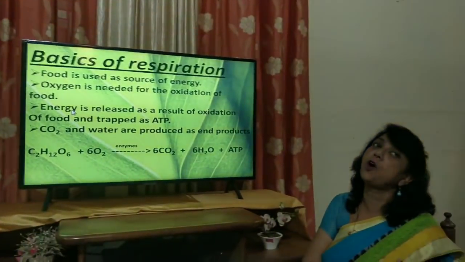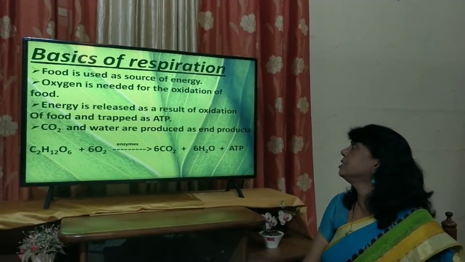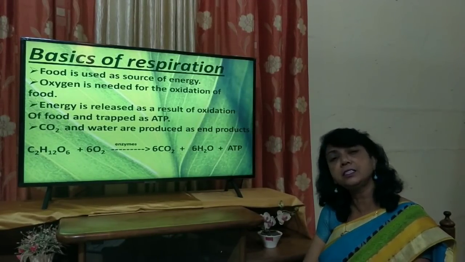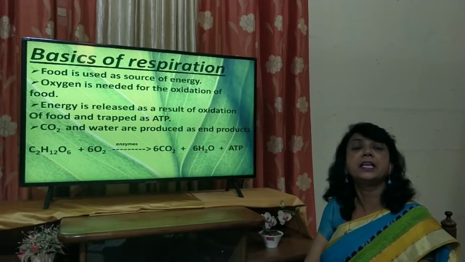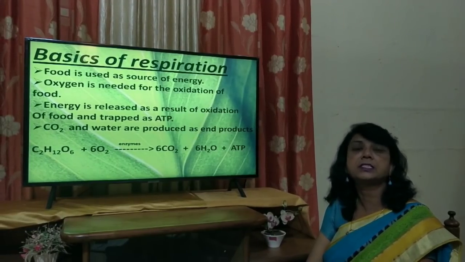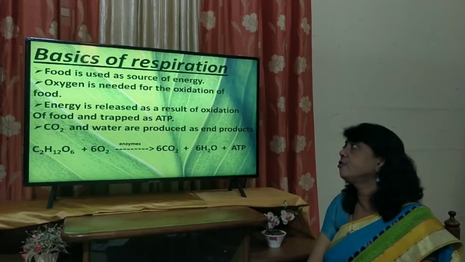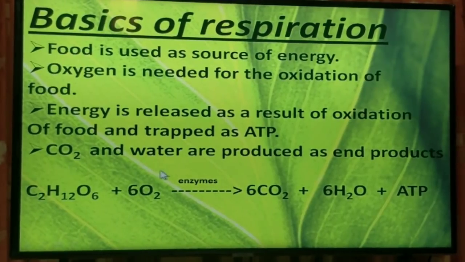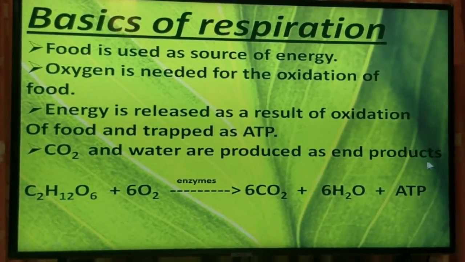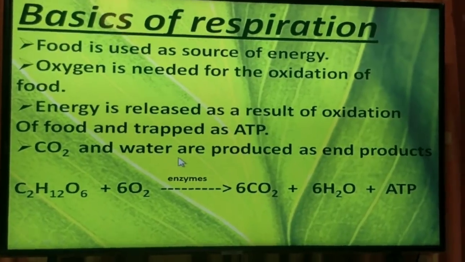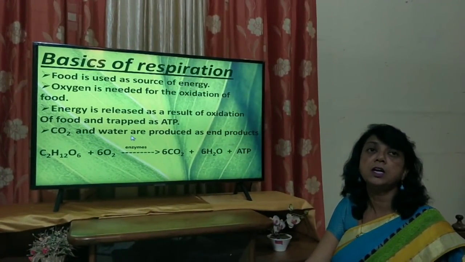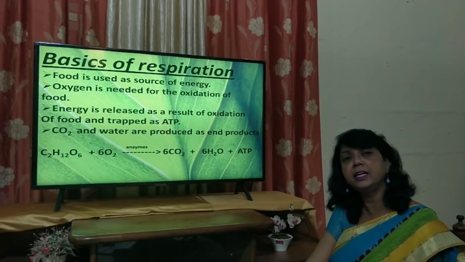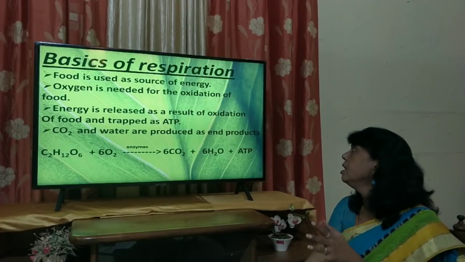Now, when food is oxidized, it liberates energy, and this energy is trapped in the ATP molecule, which is adenosine triphosphate. Next, carbon dioxide and water are produced as end products. As a result of oxidation of food, energy is liberated, as well as carbon dioxide and water as the end products.